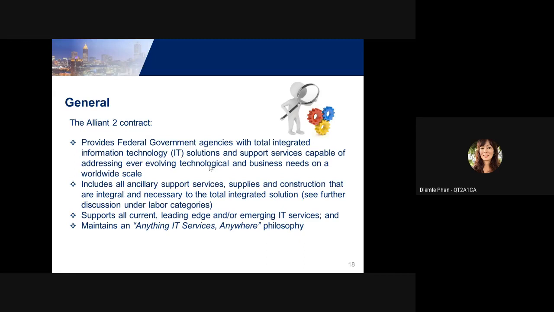That means that Alliant 2 will allow all ancillary support services, supplies, construction, and alteration, as long as they are integral and necessary to provide this total integrated solution. Alliant 2 is able to not only meet your current IT needs, but also the emerging IT services in the future.